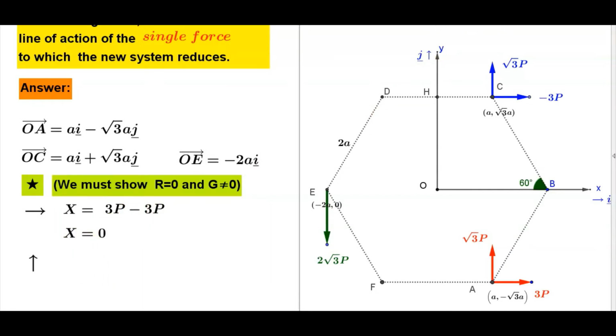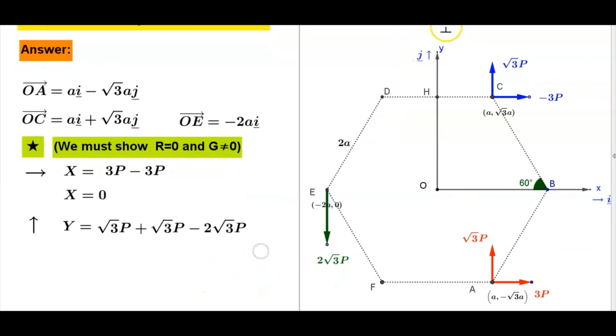Along the y direction, root 3P, root 3P, root 3P, root 3P, and minus 2 root 3P in the opposite direction. Therefore Y is equal to 0. Now, the x component is 0 and the y component is 0, therefore the resultant R is equal to 0.